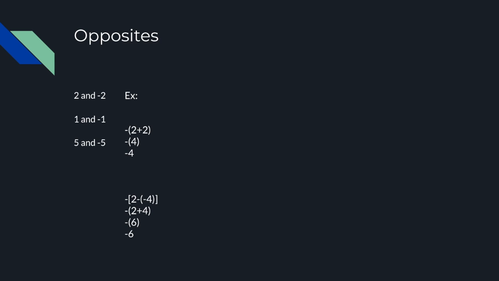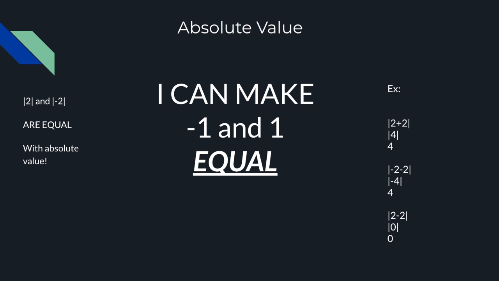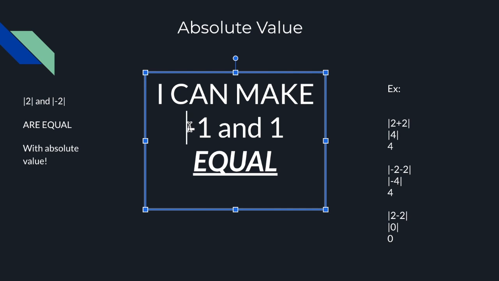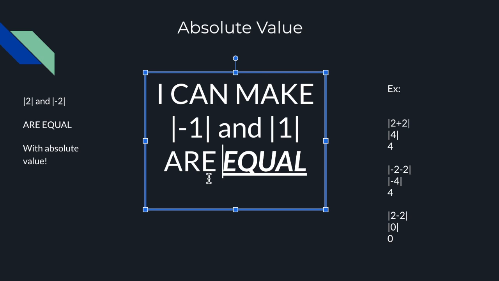Opposites: one thing can be the opposite of another. An absolute value with these 2 signs, you can make any negative number equal to a positive number.